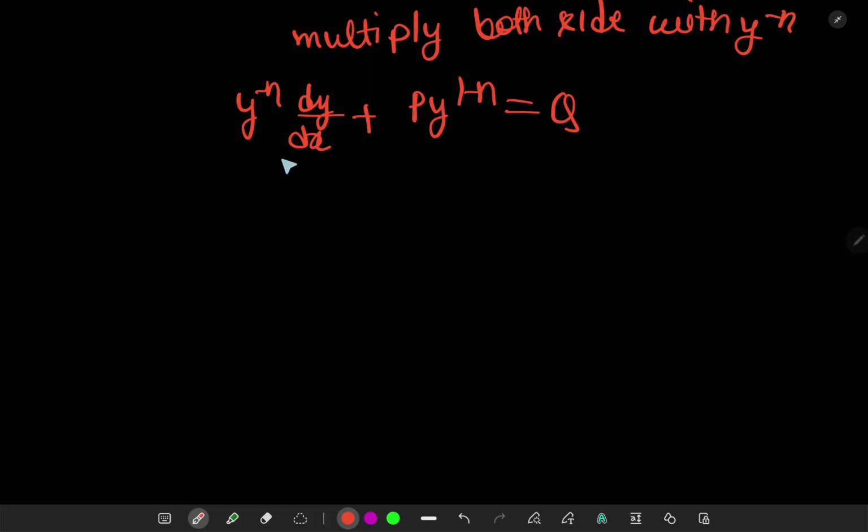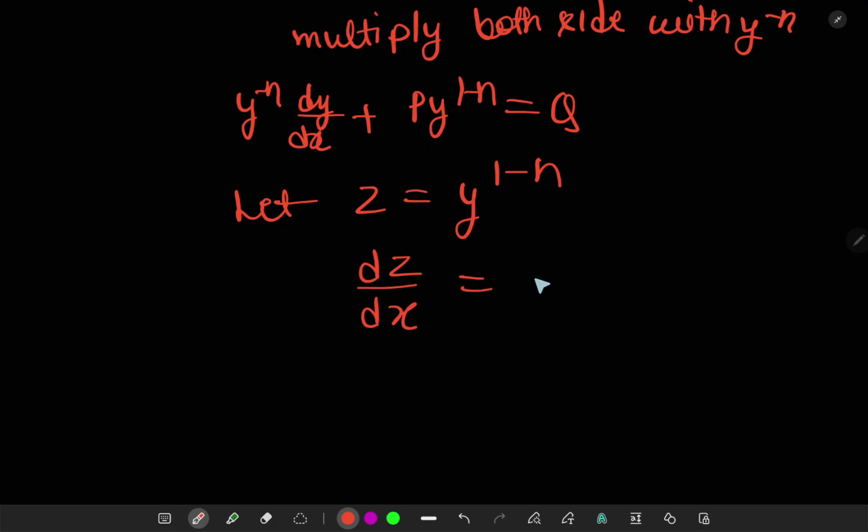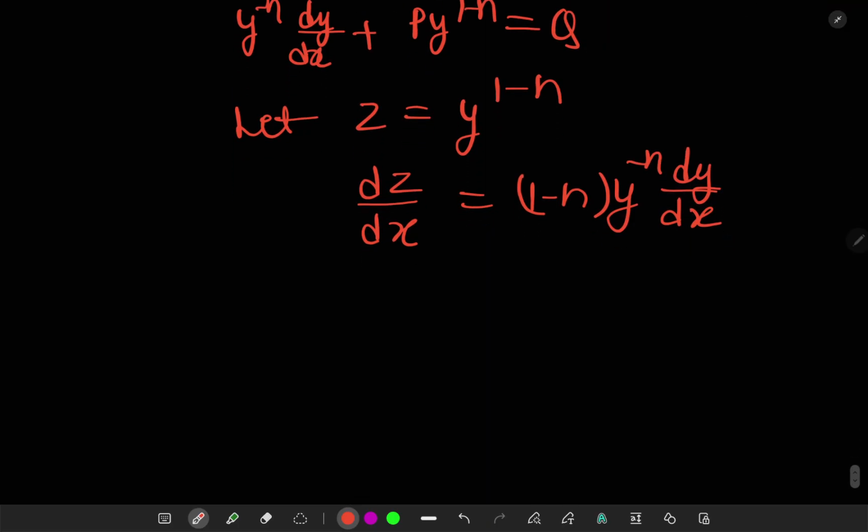For this solution, we need to convert this equation into linear differential equation form. So let z equal to y raised to power 1 minus n and differentiate with respect to x, we get this.